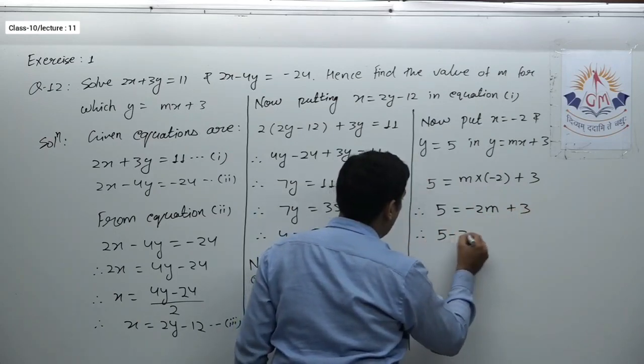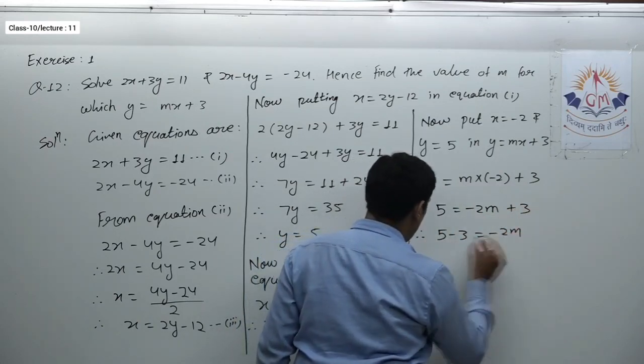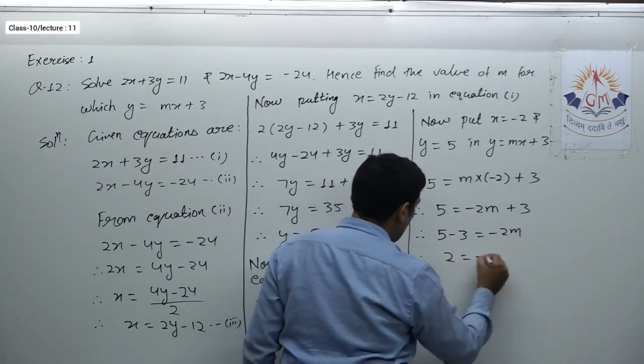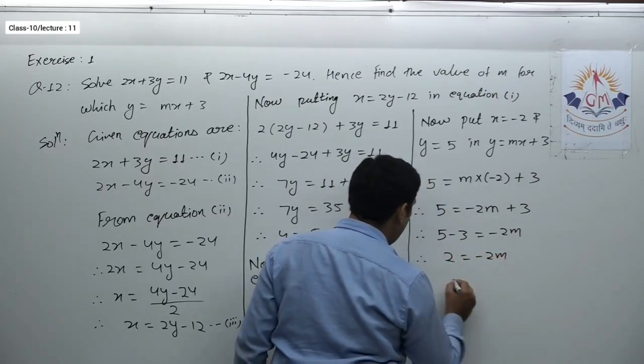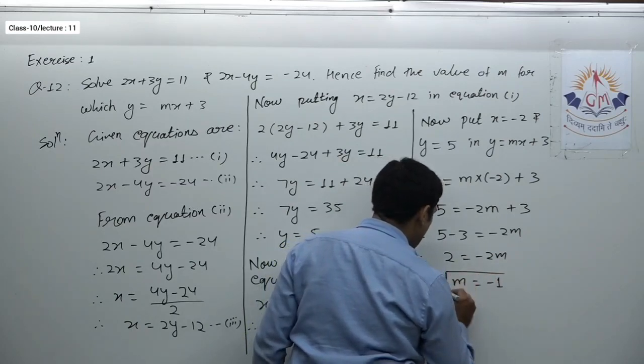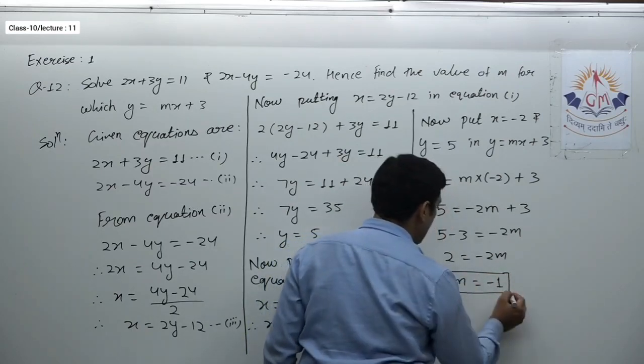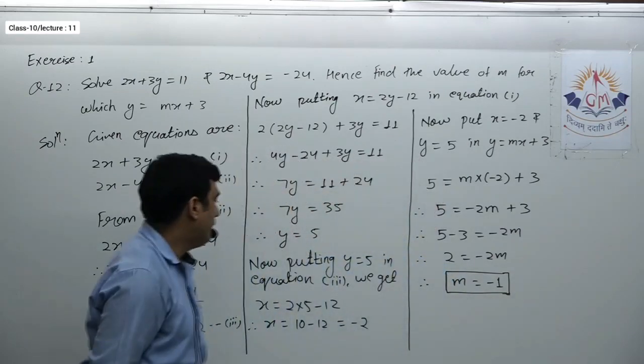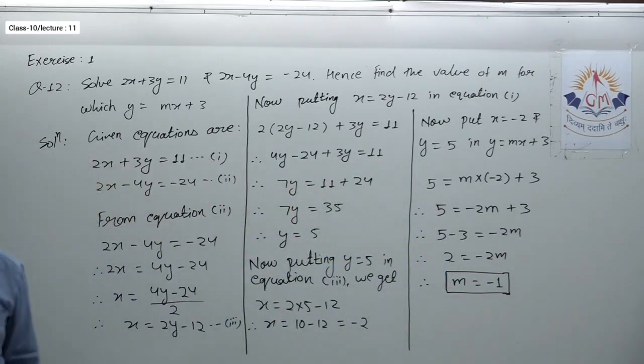So 5 minus 3 is equal to minus 2m. 2 is equal to minus 2m, and hence I can say m is equal to minus 1. So this is the value of m, and this is the final answer. Please note it down, then we'll see the next question.